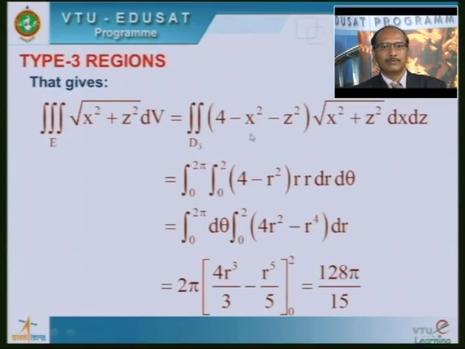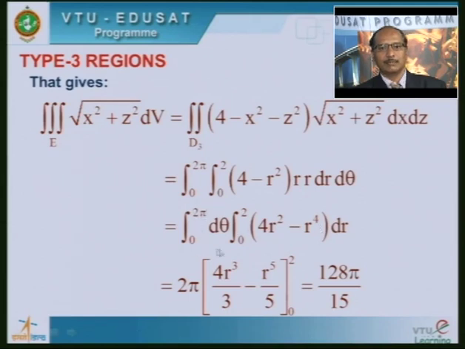So, 4 minus x square minus z square. x square plus z square is r square, and the square root of r square is r. dx dz, as we have studied in the change of variables from Cartesian to polar, becomes r dr d theta, which simplifies to 4r into r square, minus r raised to 4.